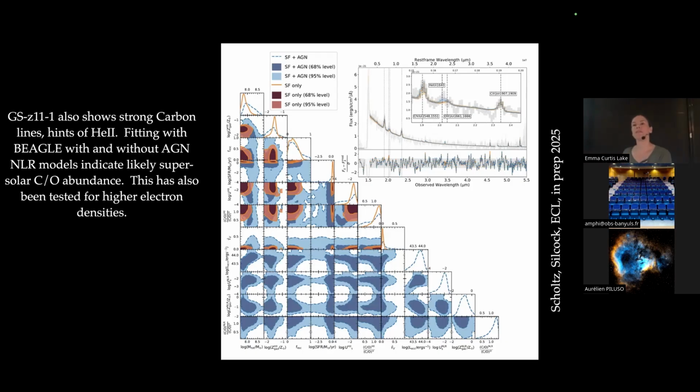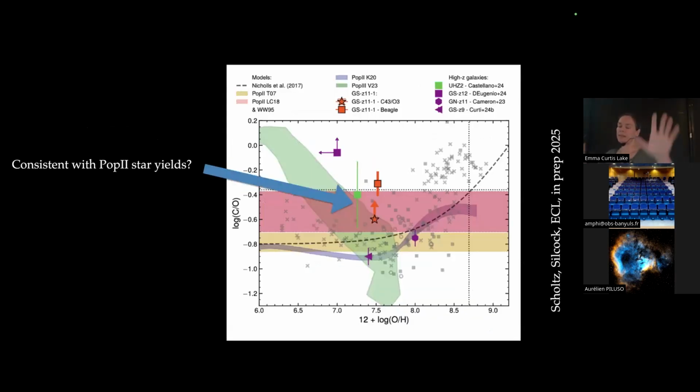So maybe some of these abundances are robust and we can start interpreting, but still these are with assumptions in our model grids. So this galaxy, rather than being where the previous one was, by our estimates, is sitting right within the yields from population 2 stars, or the second generation stars. So a bit less interesting maybe than possible population 3 yields.